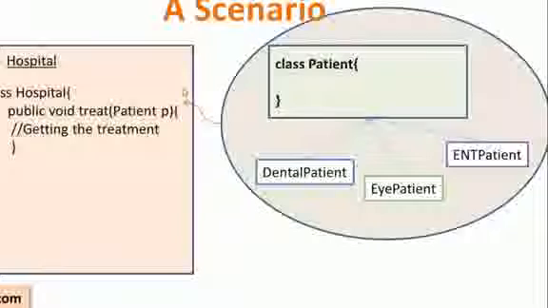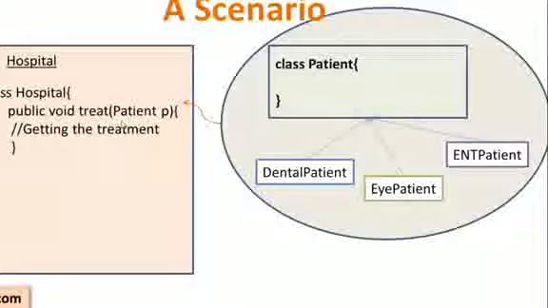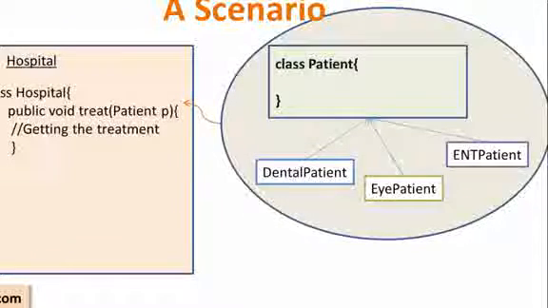So please remember, as long as this kind of generic representation of the object is present, any subtype of these objects can be easily passed for the treatment. So it is the reference which is very, very important for successful implementation of overriding.